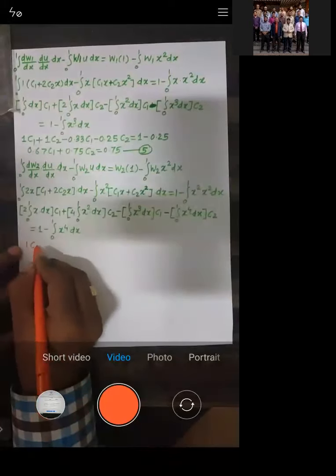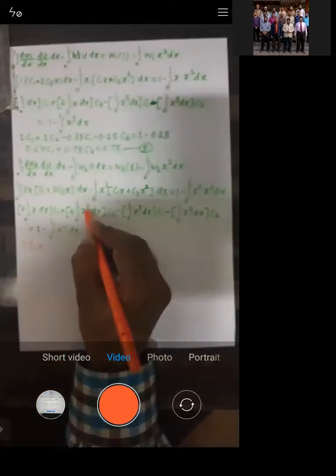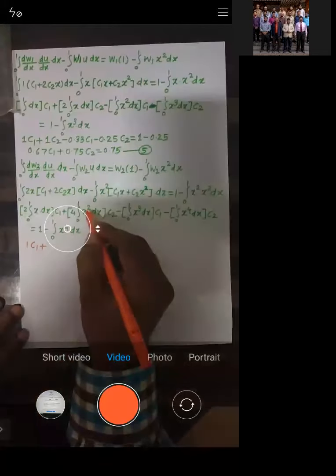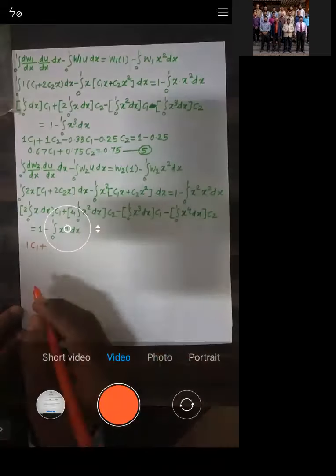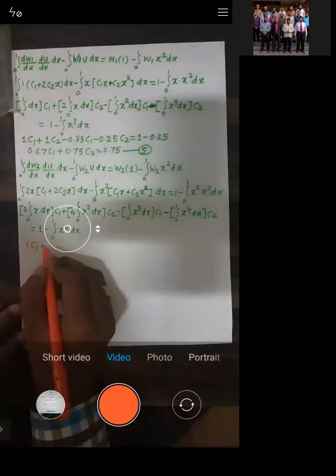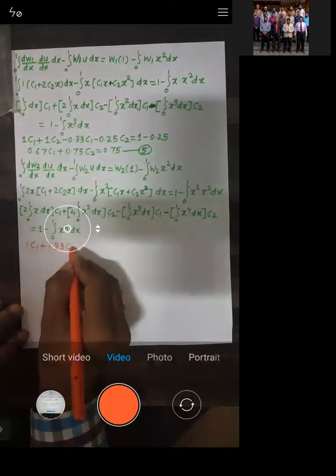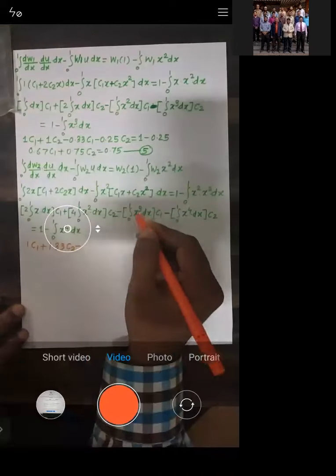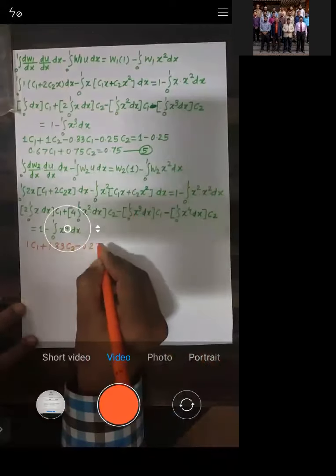So this is 1 c1 plus, now x cube by 3, that is 1 by 3 into 4. So we get 1.33 c2, minus x raised to power 4 by 4, so it's 1 by 4, that is 0.25 c1.